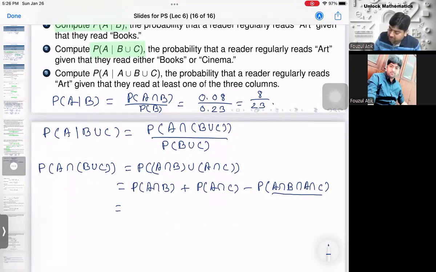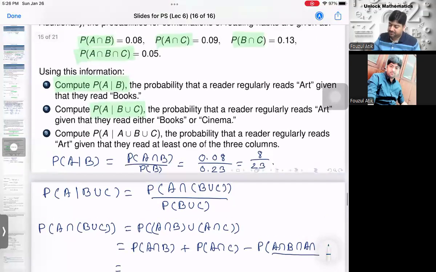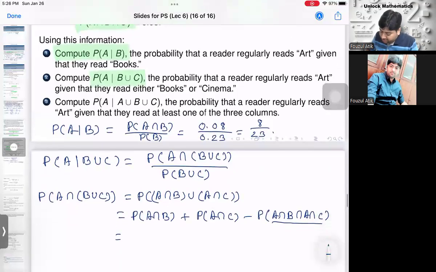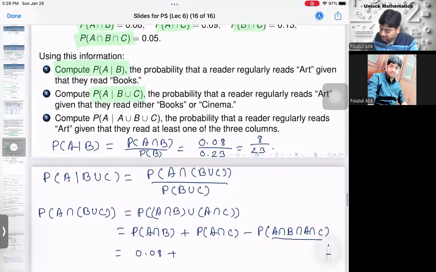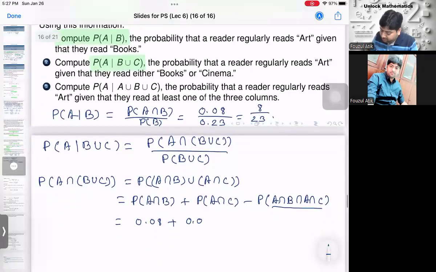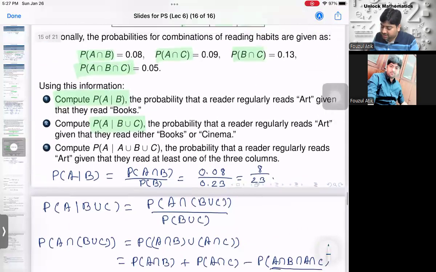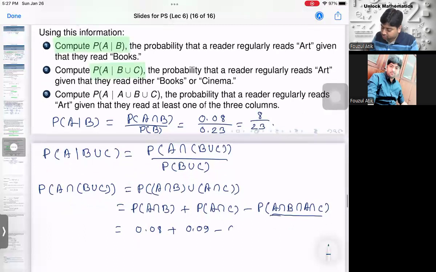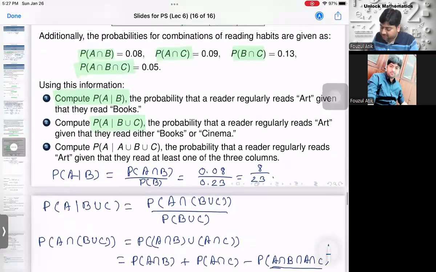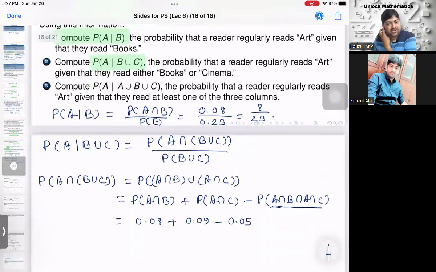Now you just substitute the values. A intersection B is 0.08. P of A intersection C is 0.09. Minus this value will give you A intersection B intersection C, which is 0.05. It is also given. Therefore, if you simplify, you will get the value 0.12.